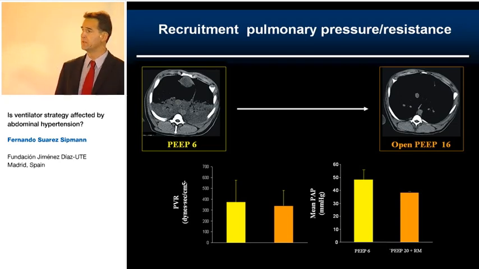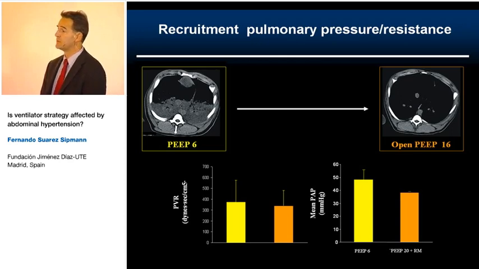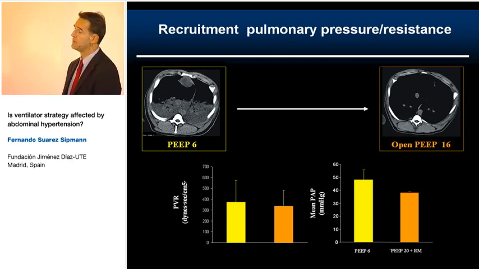We have seen it in our study in the saline lavage model, in which, from a baseline situation with a huge amount of collapse and a PEEP level of 6, animals were recruited and then an optimum level of PEEP was set. Notice the difference between the PEEP levels and the difference, although very small, in pulmonary vascular resistance and in pulmonary pressure.